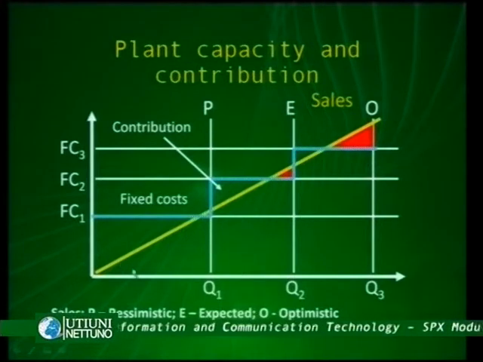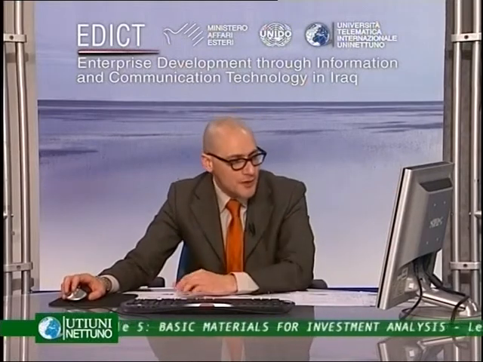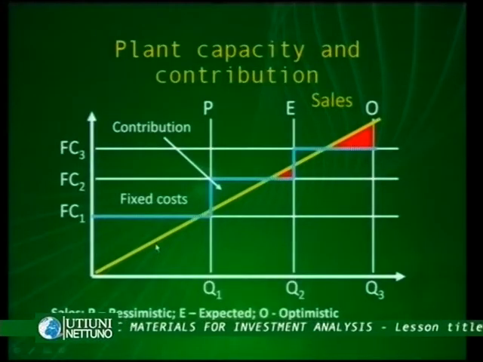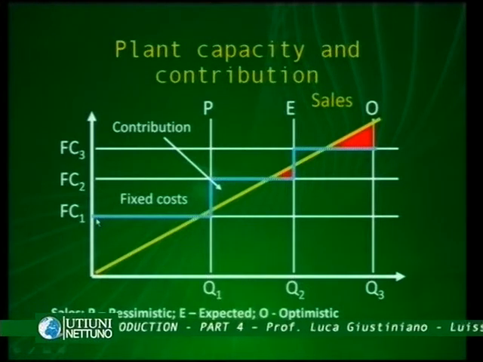So if we consider the price as a fixed element, the unitary price is going to be the coefficient for estimating the revenues associated to sales. So the yellow line, which is linearly proportional to the quantity, expresses the level of sales per different quantities. The blue line instead depicts the fixed costs of the investment.